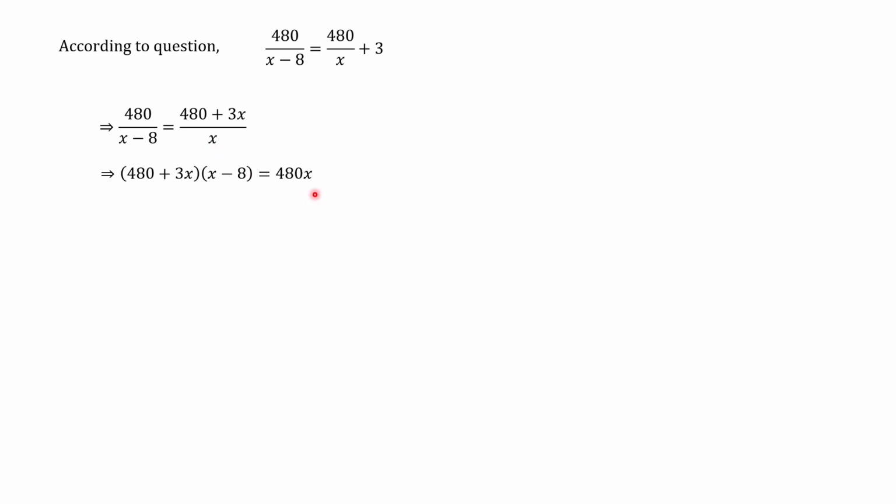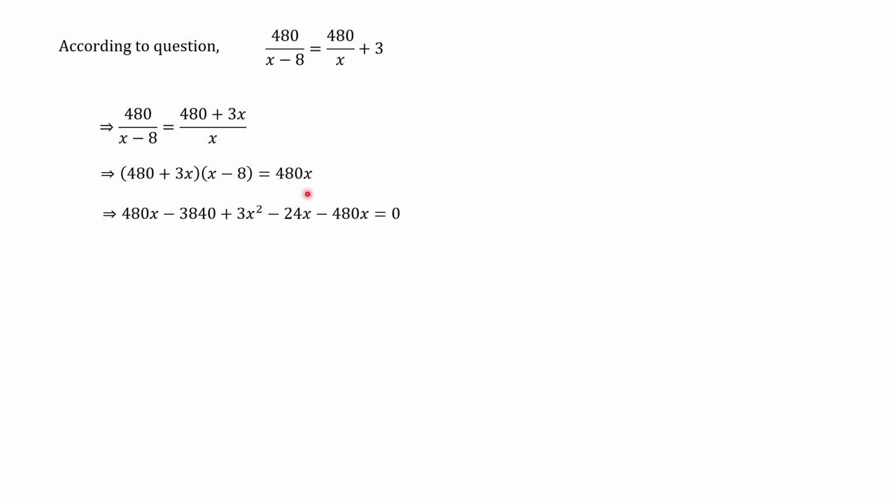Multiplying 480 with x will give me 480x, and 480 with minus 8 will give me minus 3840. Multiplying 3x with x will give me 3x squared, and 3x with minus 8 will give me minus 24x.